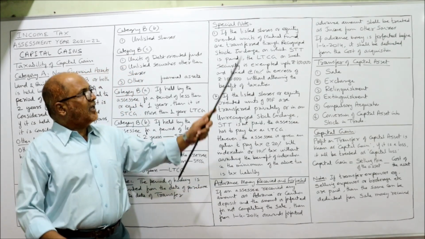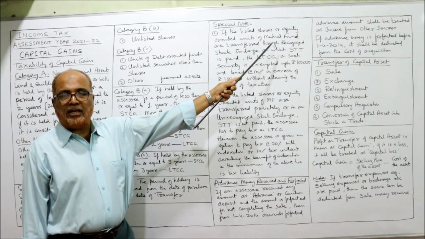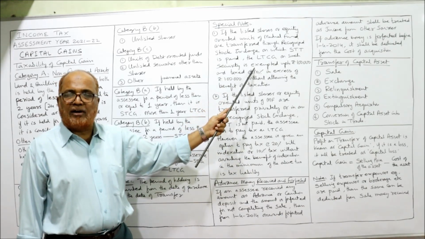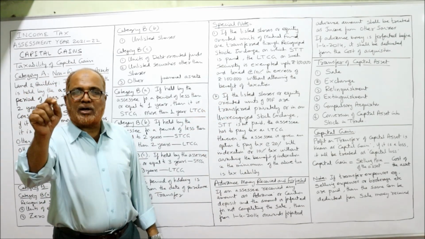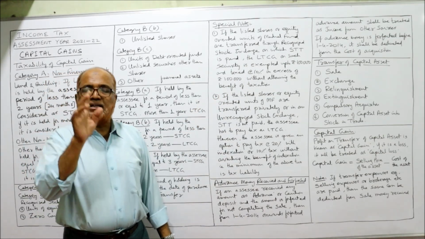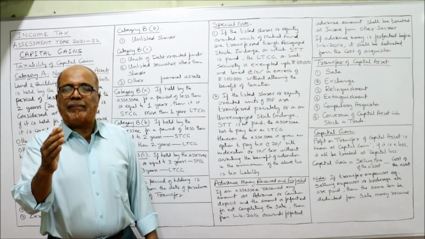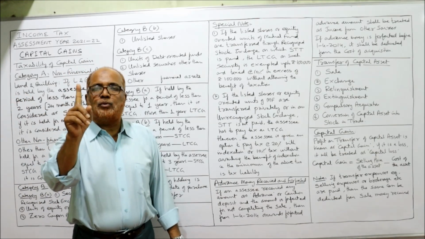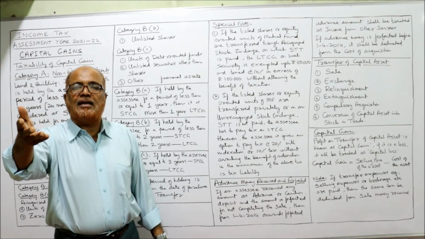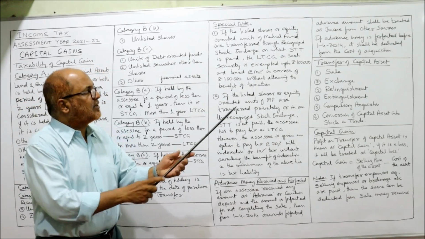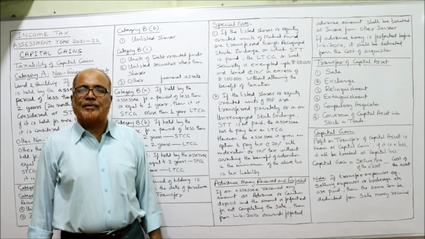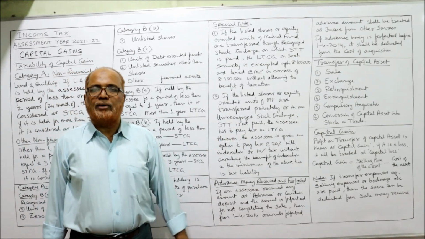So here, any listed shares or equity oriented units of mutual fund transferred in a recognized stock exchange on which STT is paid, in that case, the long-term capital gain is exempted up to rupees 1 lakh. And over 1 lakh rupees, long-term gain is taxable at the rate of 10% flat without availing the benefit of indexation. What is indexation? Next video I am going to explain.